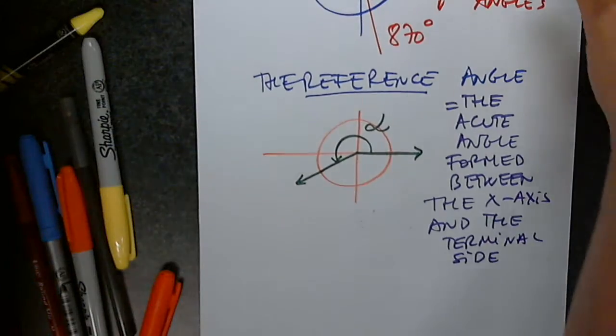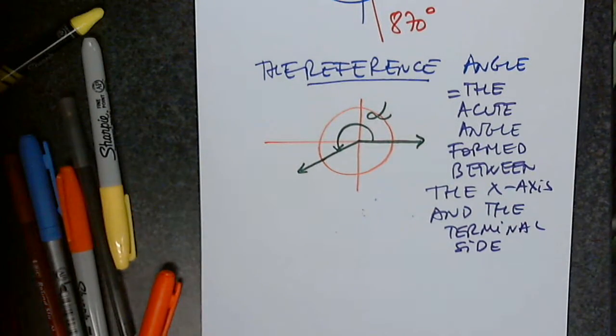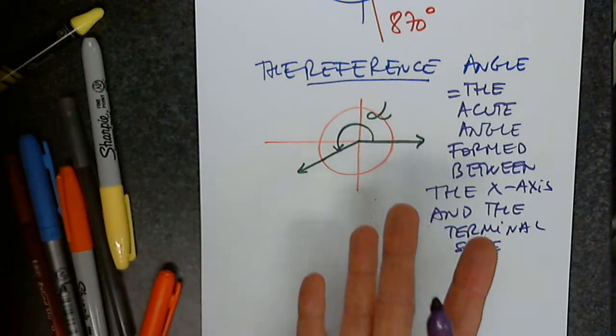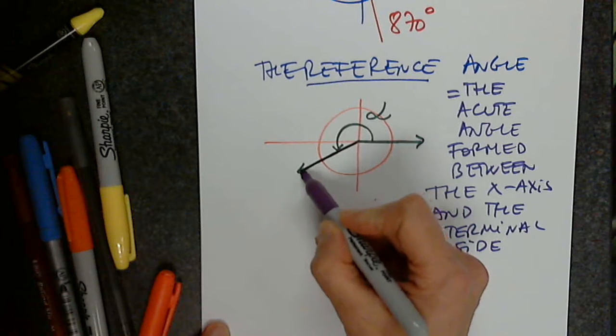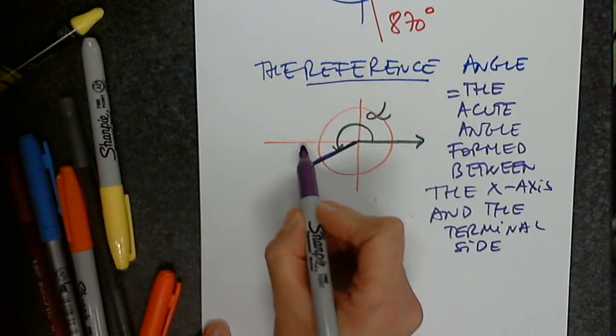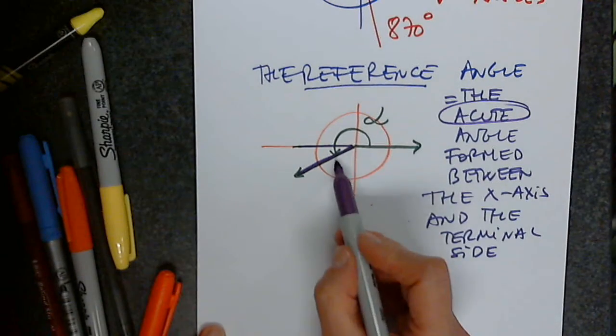One more time. This is very important when we get to determine the trig functions of such angles that do not fit in a right triangle or in any triangle. So angle alpha has a reference angle that is formed between the terminal side and the x-axis, and it must be acute. I cannot use this.